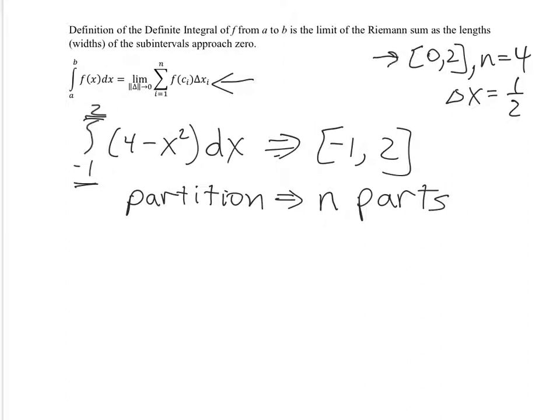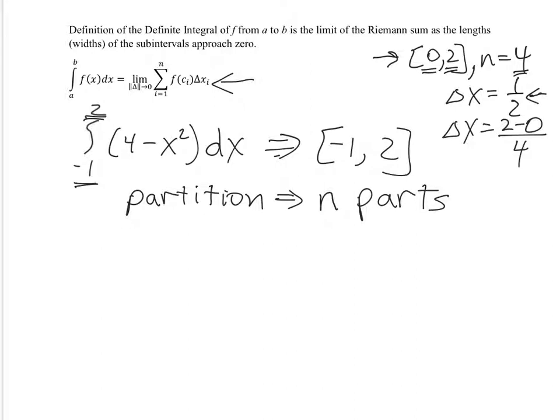That's pretty easy to do with only 4 partitions going from 0 to 2, but let's see how a formula would find this as well. It depends on a and b and also n. What we could do to find delta x equals 1/2 is take b minus a over n, and we'd have 2/4, or the value of 1/2.